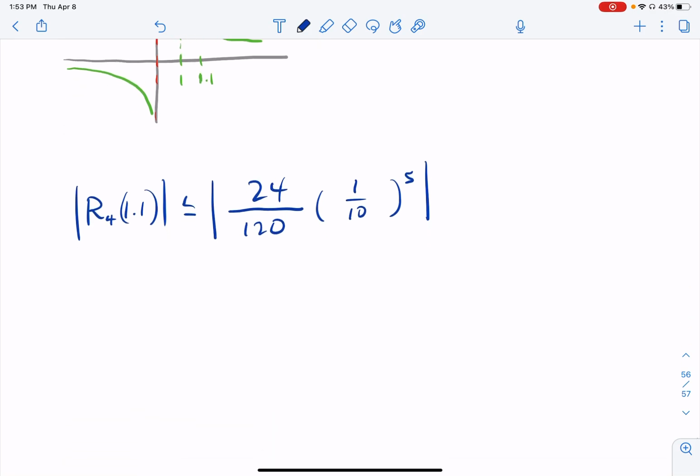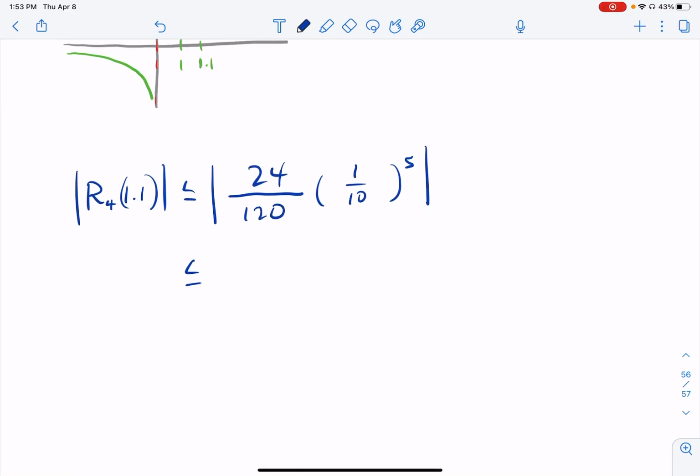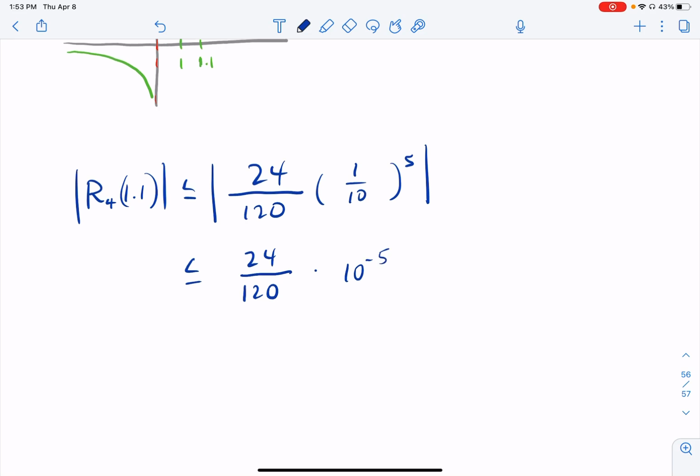And then actually rewrite that, and all of these are positive, so I don't need the absolute value anymore. So I've got 24 over 120 times 1 over 10 to the 5th. Or you know what? I'm just going to write that as 10 to the negative 5. It's almost like scientific notation, right?